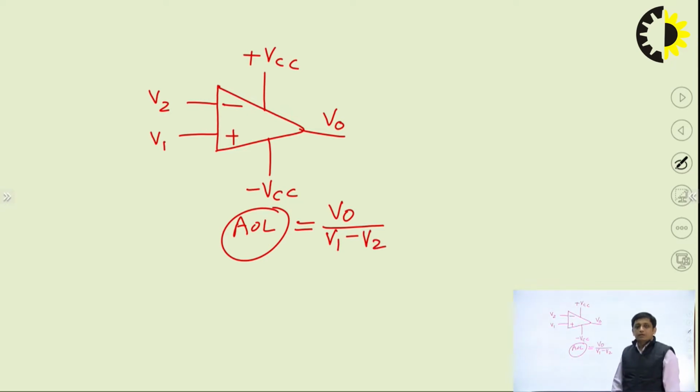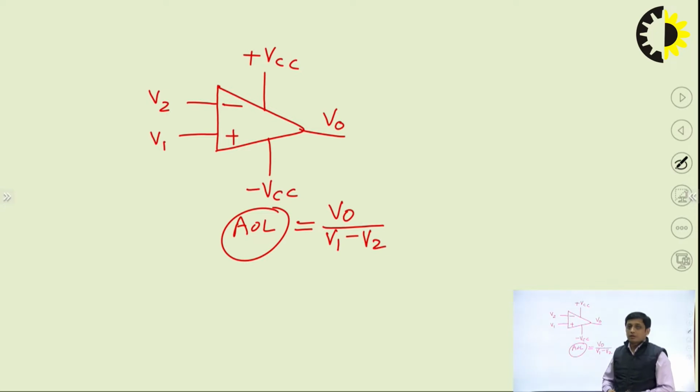We know that the open loop gain of op-amp is very high, because it is a multi-stage amplifier. If we are taking 741 IC, one of the very popular op-amp ICs, the open loop gain is around 10 to the power 5 to 10 to the power 6.